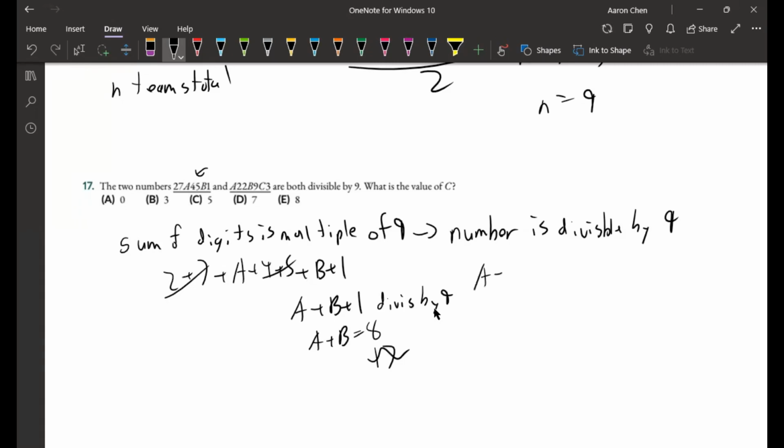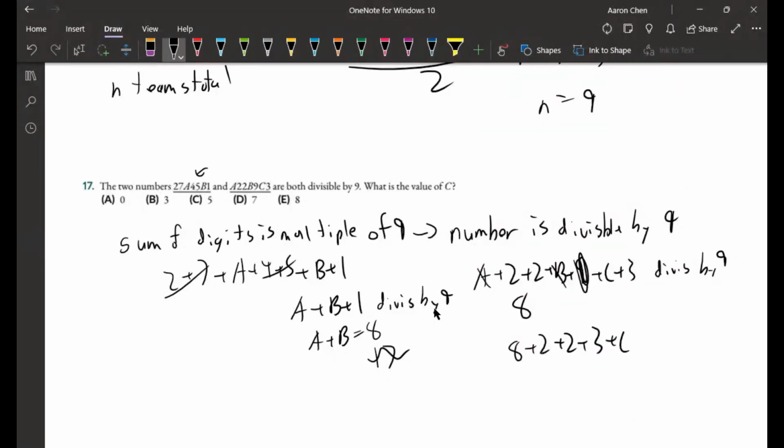Now I have A plus 2 plus 2 plus B plus 9 plus C plus 3 is also divisible by 9. This 9 is ignorable, and A plus B we can treat as equal to 8. So 8 plus 2 plus 2 plus 3 plus C is divisible by 9.